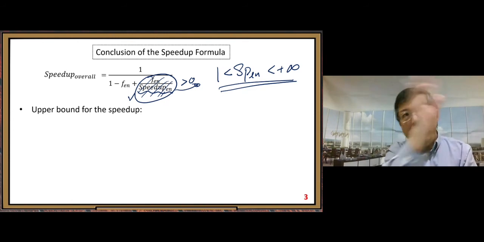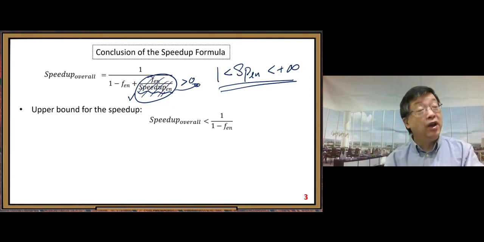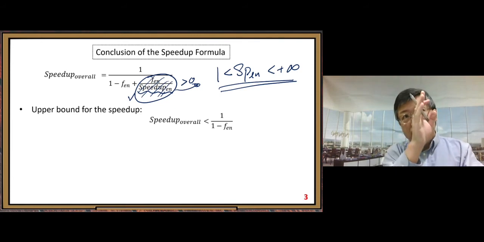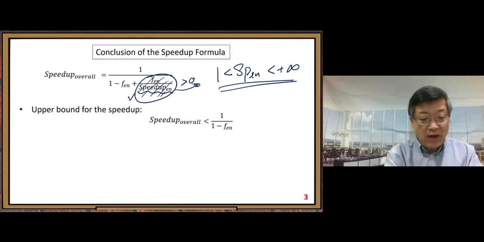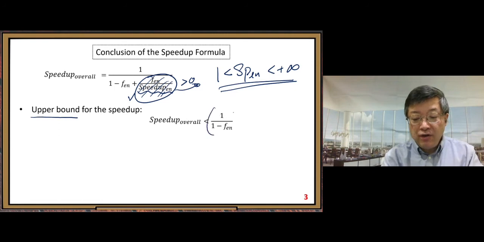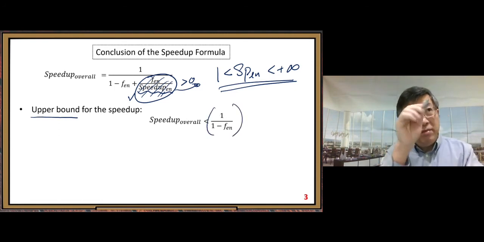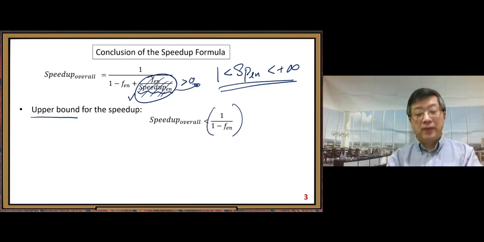So based on that analysis, we can get this inequality. Speed up overall is less than, that means we have this upper bound, this new fraction, 1 over 1 minus FEN.